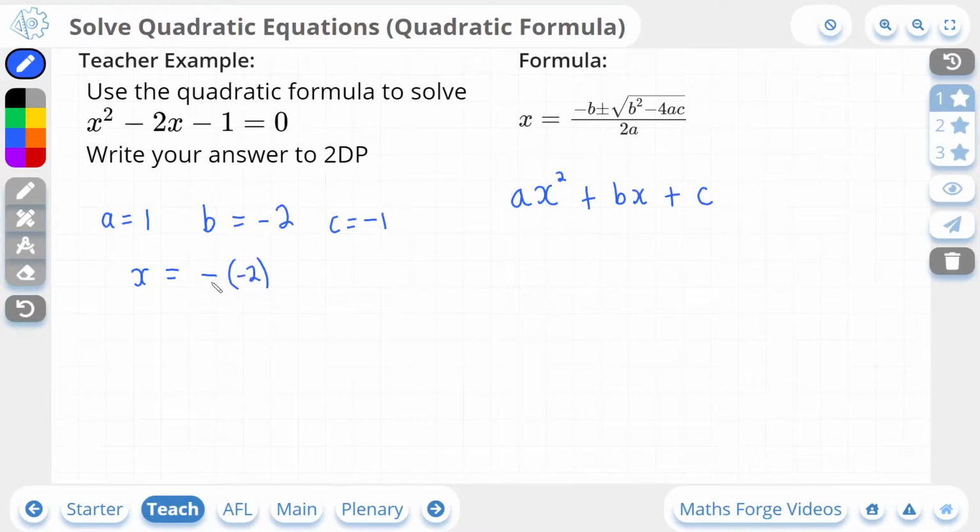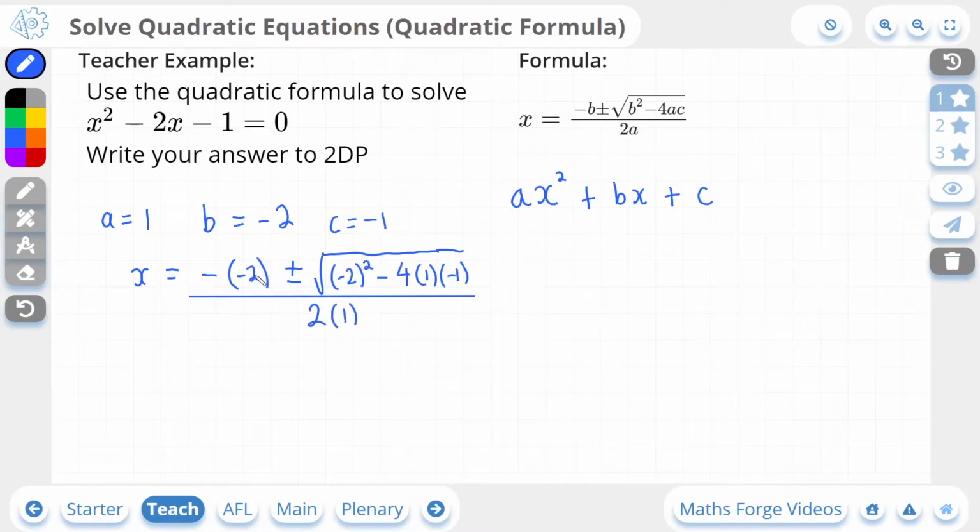So x is equal to minus b plus or minus, and I'll show you how to work with this plus or minus in a bit, the square root of b squared, so I'm going to replace the b with a minus 2 in brackets, and the squared on the outside, minus 4 times a is 1 in this case, so I'm just going to put a bracket with a 1, times c. And c is negative 1, so I'm just going to put a bracket with a negative 1. And this is all being divided by 2a, or 2 times a. And in this case, a is 1. So I'm going to replace the a with a bracket and the 1.